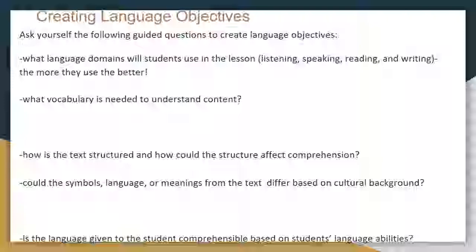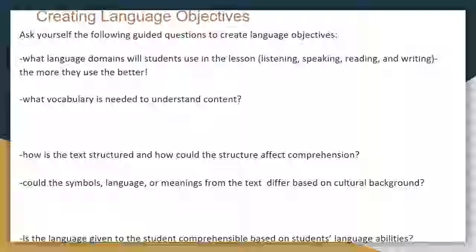It's something that other cultures probably have different terms or different phrases to explain it. So as part of your language objective as well, you have to think, what idiomatic expressions or what unique cultural concepts or cultural traditions will I need to explain to my students so that they'll be successful in understanding the content of the lesson.